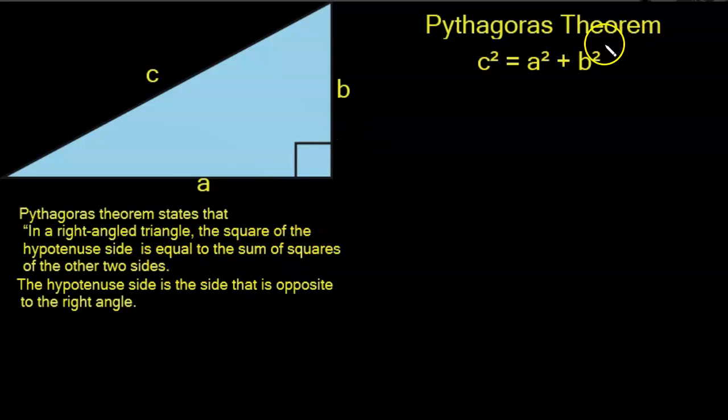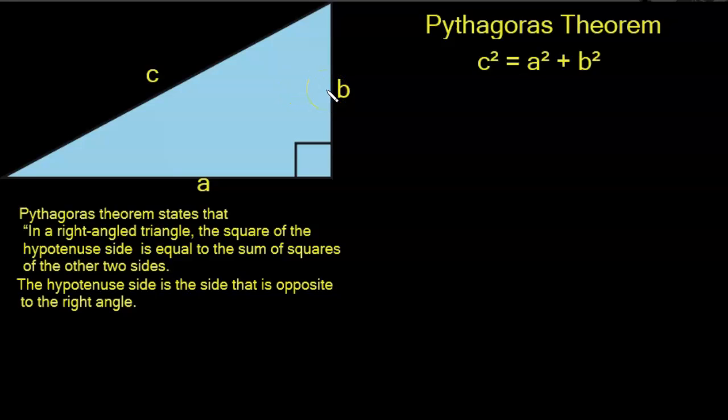And this is how we represent the theorem. So, this side, the hypotenuse side, and by the way, it's always the longest side of the right angle triangle. So the longest side square, or the hypotenuse side square, is equal to the sum of the square of the other two shorter sides. So, C square is equal to A square plus B square.